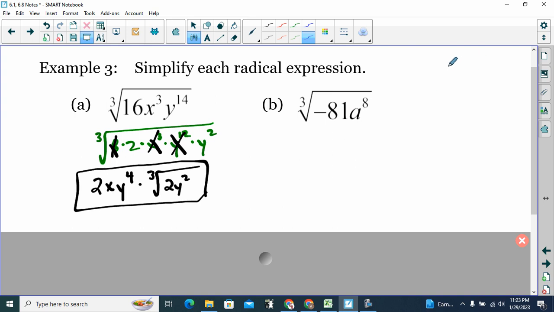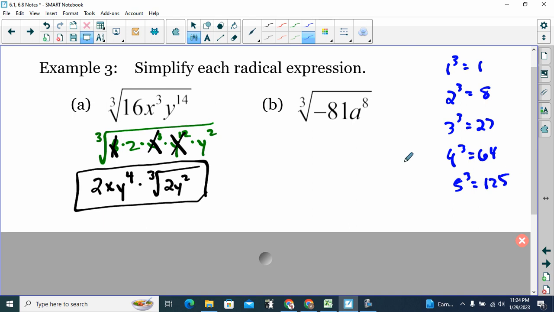Perfect cubes, remember 1 cubed, 2 cubed, 3 cubed, 27, 4 cubed, 64. 5 cubed is 125. We need to find one of these that is a factor of 81. Should be 27. So let's split that up to negative 27 times 3.